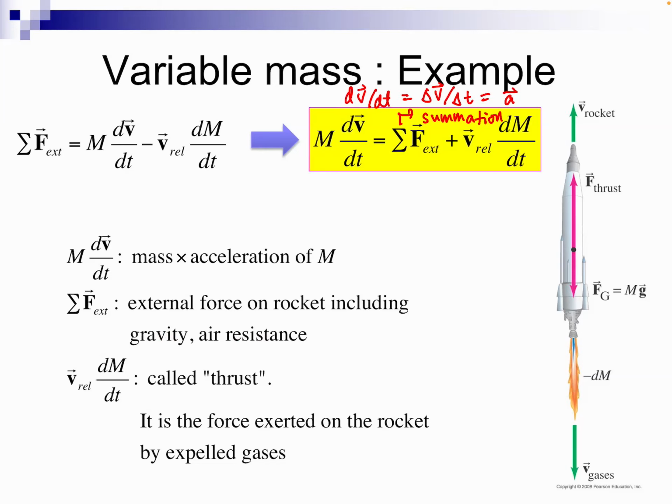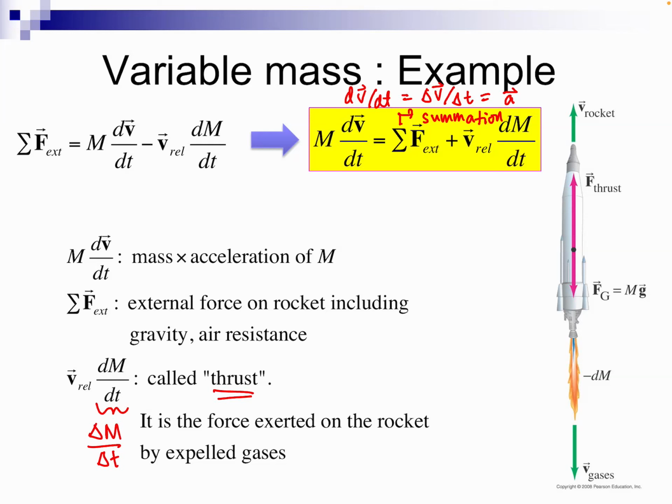This v relative times dm over dt is what we call thrust, because it's the burning of the fuel that causes the change in the mass of the rocket. Remember again, this derivative of mass over time, you can also just think of as the change of mass over time if we're just looking at a finite amount of mass over a finite time interval.